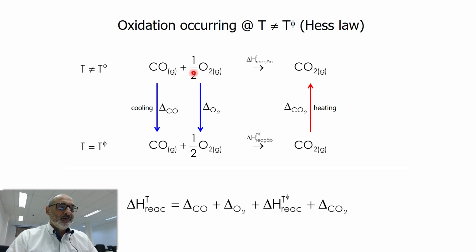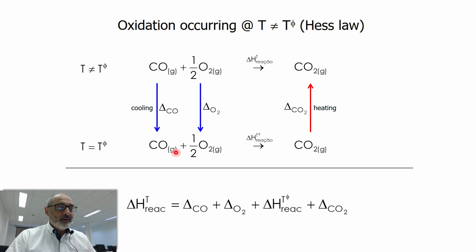Instead of reacting at, I don't know, 1000 degrees here, we're going to cool all reagents down to 25 degrees. So we remove heat from CO, we remove heat from O2. We remove these amounts of heat so that CO and O2 now are at 25 degrees.